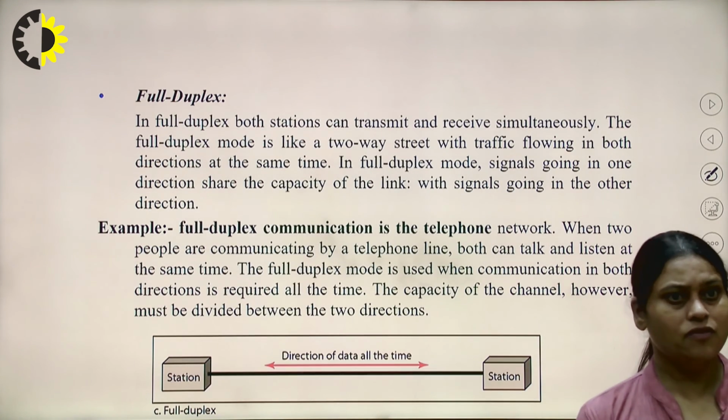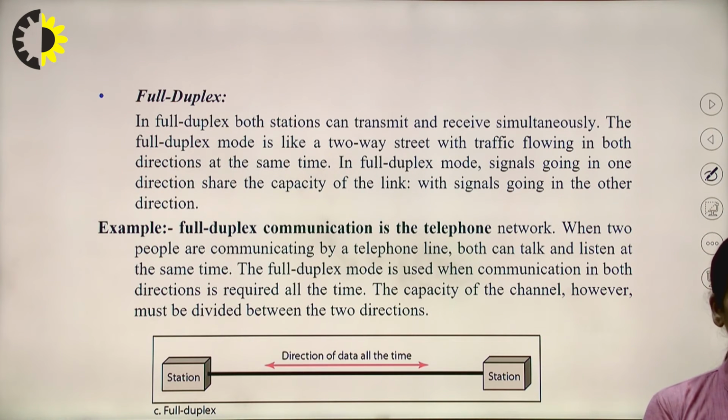The third one is the full duplex. As I have already told you, in the full duplex case, both stations can transmit and receive the data simultaneously. It's like a two-way street, a bidirectional method. In this full duplex mode, signals going in one direction share the capacity of the link. An example of this full duplex mode is the telephone network.